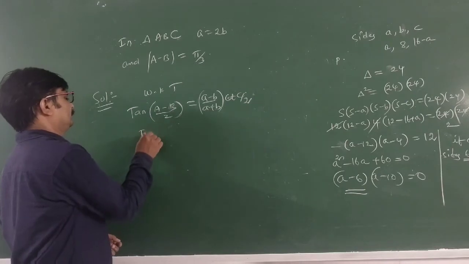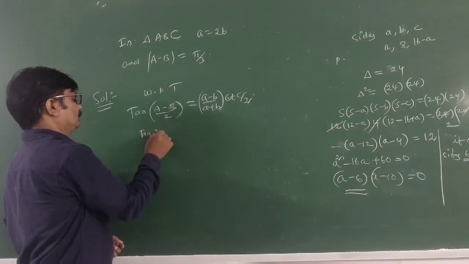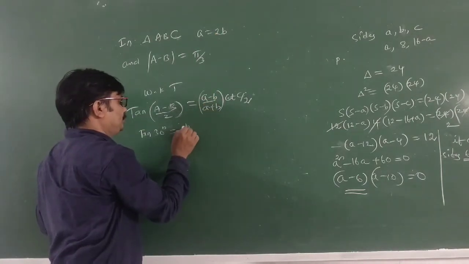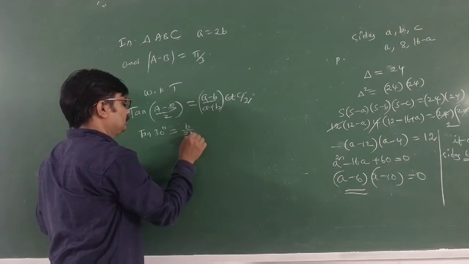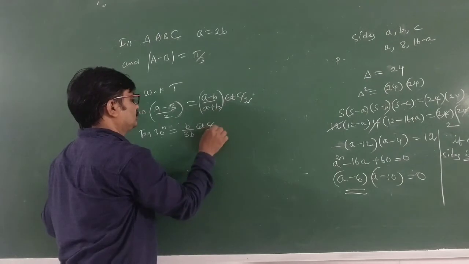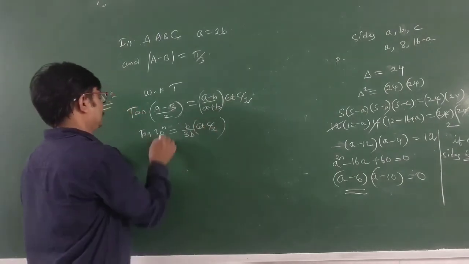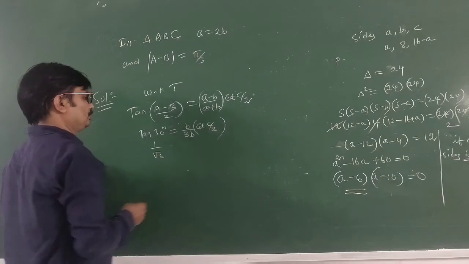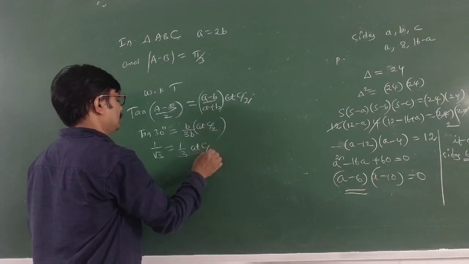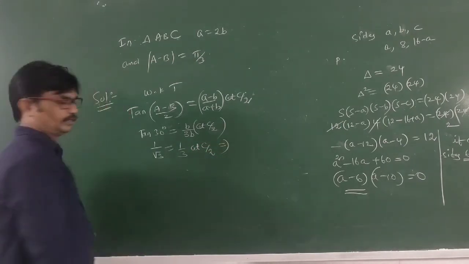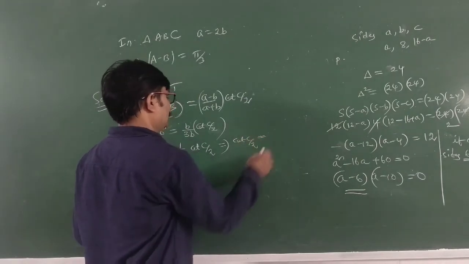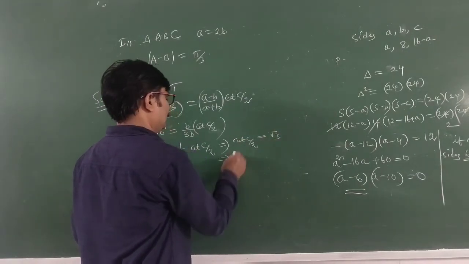This is tan 60 by 2, 30. a is 2b, so 2b minus b, and 2b plus b is 3b, into cot of C by 2. Dear students, so here tan 30, 1 by root 3, equal to 1 by 3 cot of C by 2. Dear students, we got here cot of C by 2 equal to root 3.